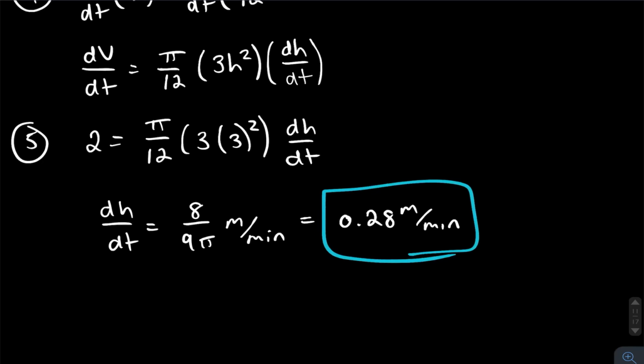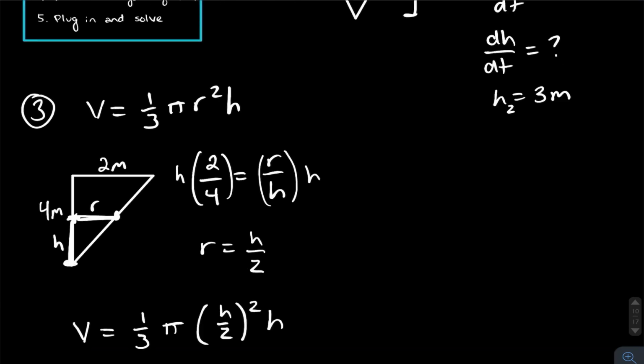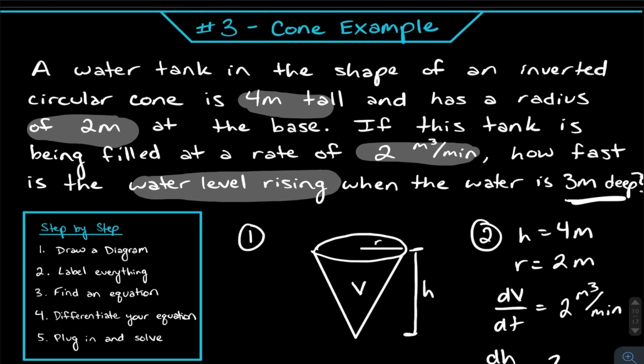Okay, so that is your answer for the third problem here, the cone example. You know, cones can be tricky because you have that similar triangles thing, right? But just remember why we're doing that. We're doing that because we want just one thing, just the height, that changes with respect to time, right? Because r isn't really a constant. It depends on where you are on the cone.